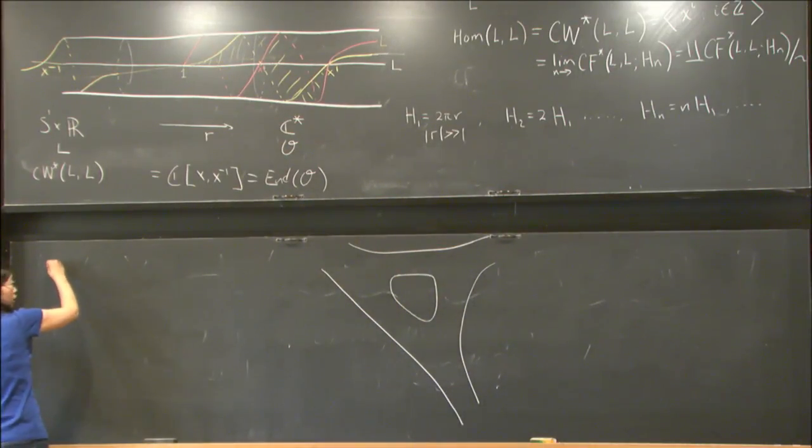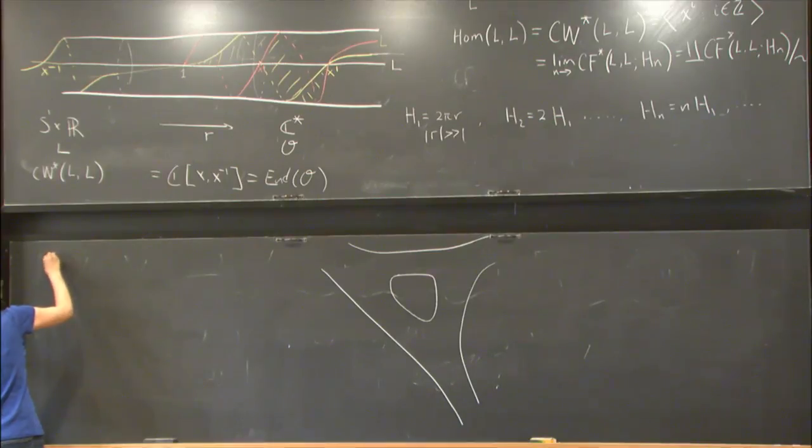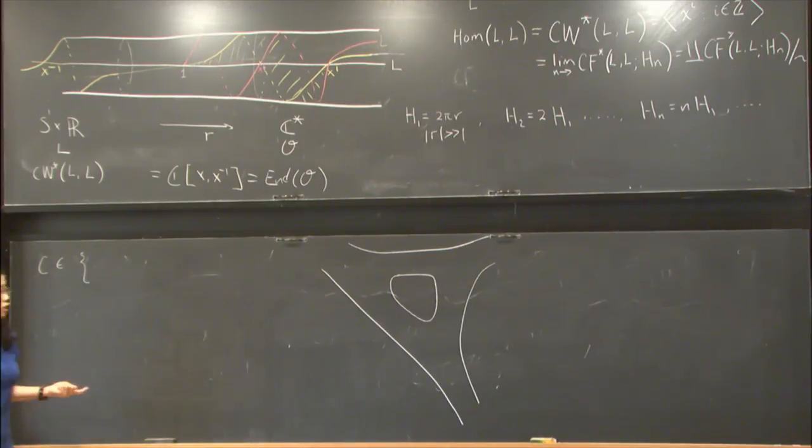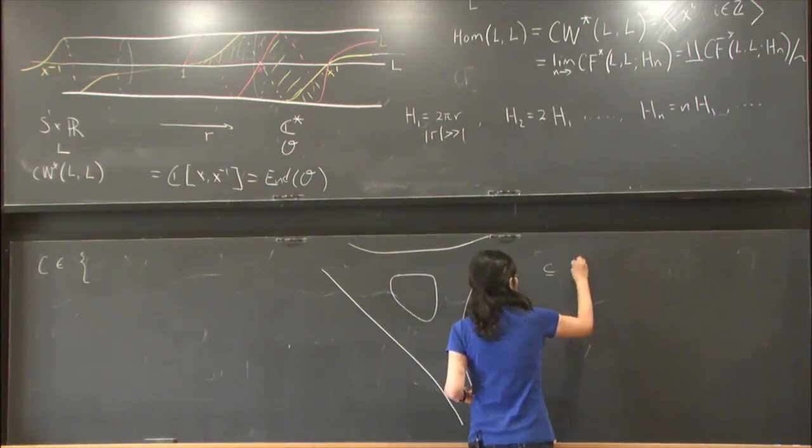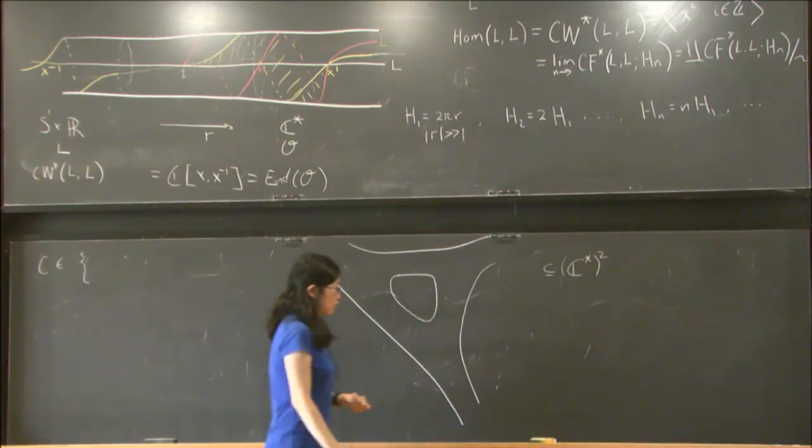I want to think of this kind of surface. There is a way by Gross-Mikhalkin that can decompose any hypersurface. I want to think of this Riemann surface as a hypersurface in C star 2.